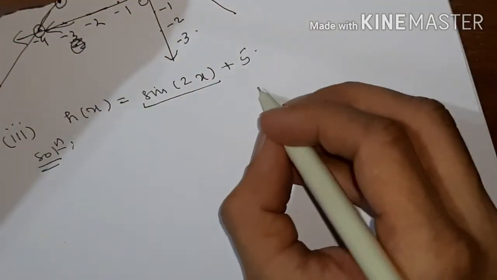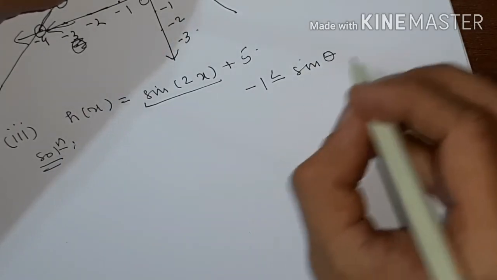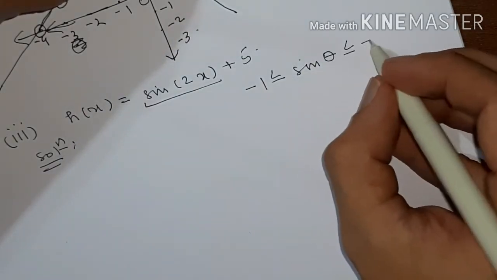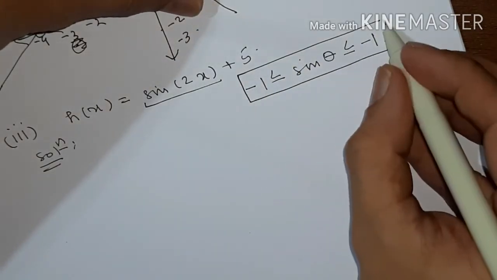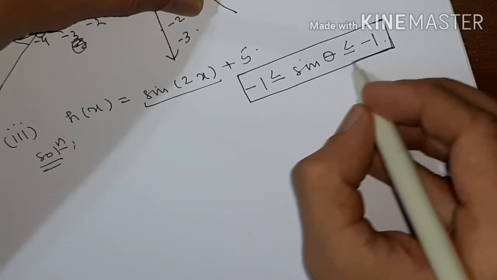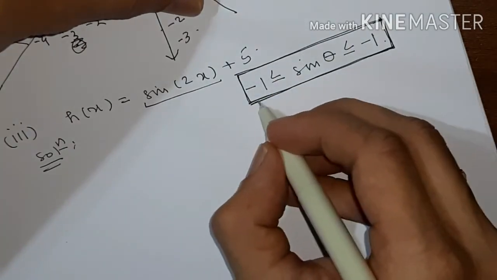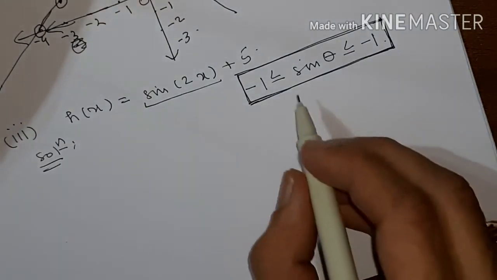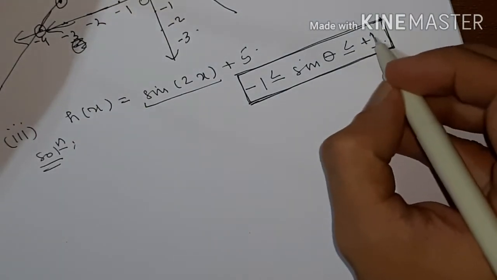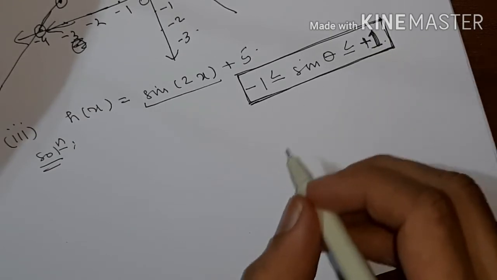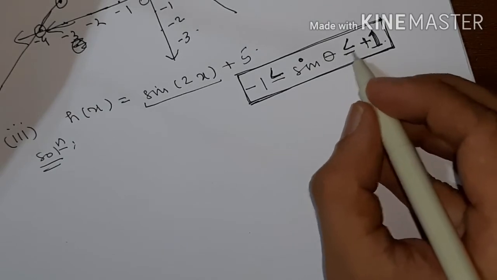You know that sine theta is between -1 and 1. This is very, very important. You have studied this in the 11th standard. So -1 is less than or equal to sin theta less than or equal to 1.